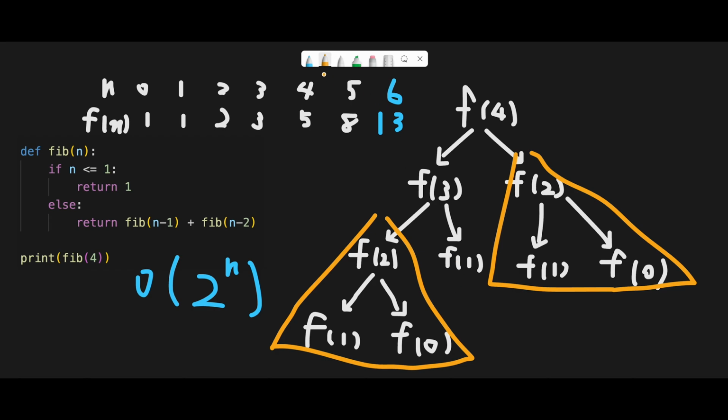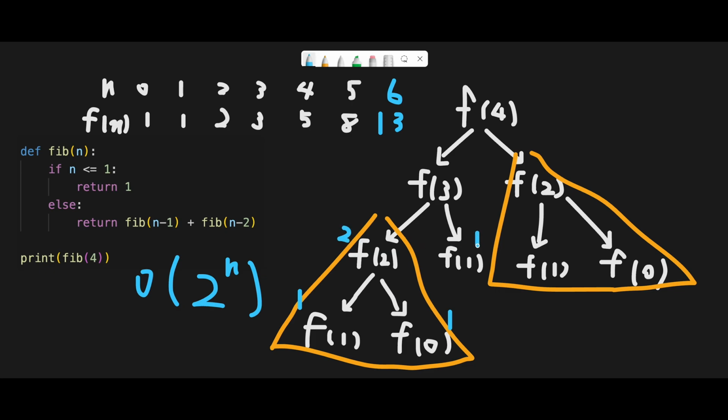And so in this case, let's see how it works. When n is less than or equal to 1, return 1. So this Fibonacci number returns 1, and when n is 0, return 1. If n is 2, the Fibonacci number should be the previous two numbers, 1 plus 1, which is 2.